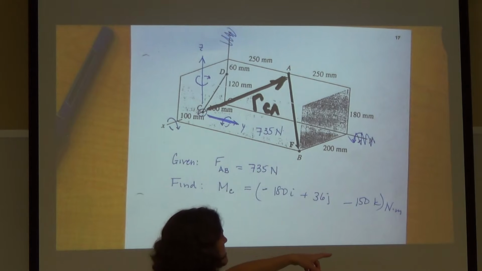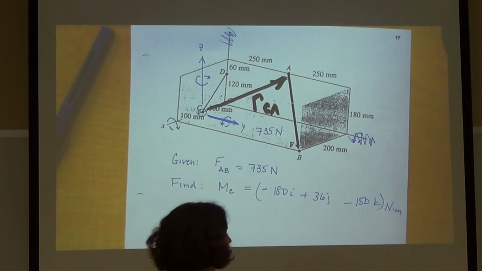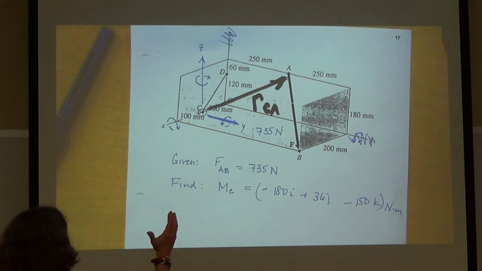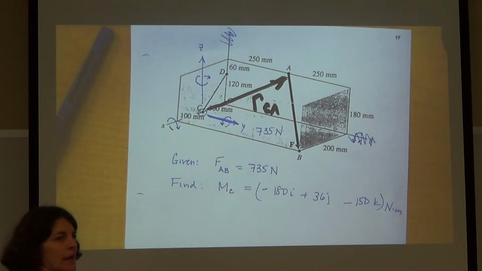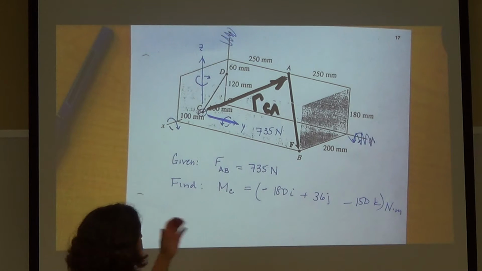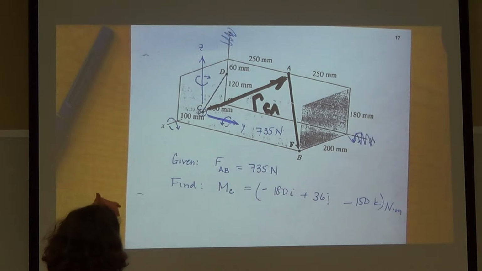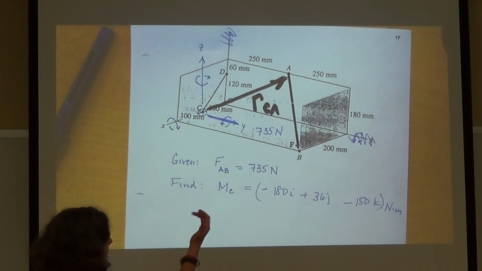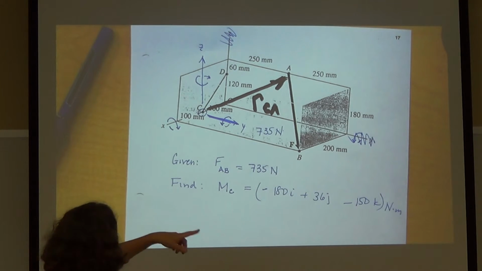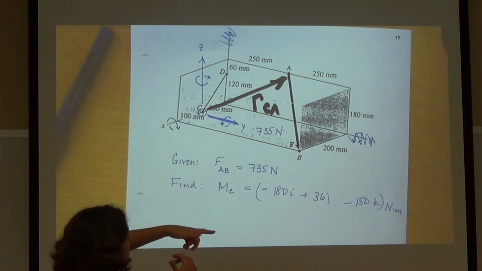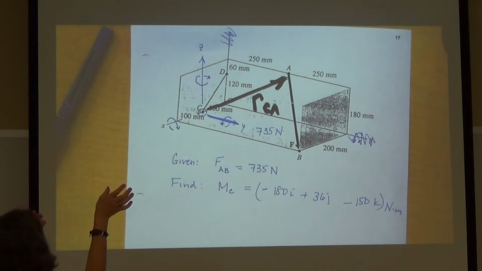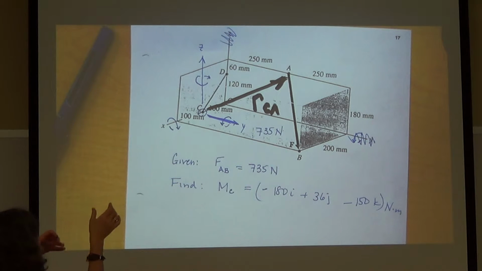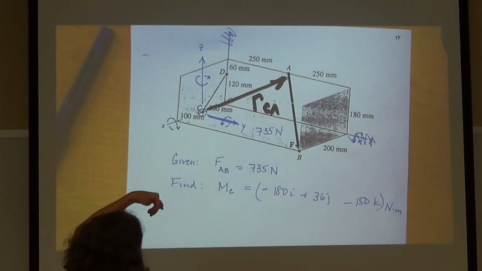So let's look at the magnitude of the values. X is 180, it's spinning this way. Y is spinning this way, but only 36, so it's a little one. And then the Z is spinning this way at 150. They're going to spin in the same direction it's spinning out like that.